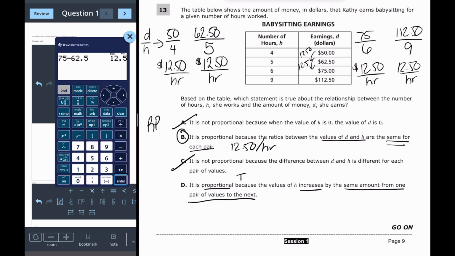Let's look at the next one, though. I knew one of these didn't. 112.50 minus 75 is 37.50. So there it is. The first two were the same amount, but that third one is what makes it not true. I knew I was in there because I did these before I did the video. So hopefully that makes sense. It's not just that they're proportional, but the reasoning had to be correct as well.